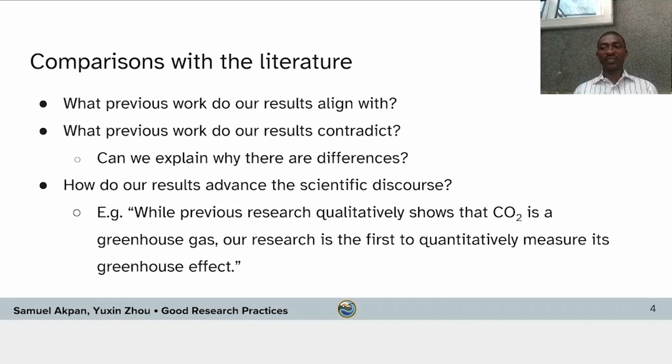For instance, is this the first study using a particular analysis method or measuring a certain quantity? Okay, for the example project, we could say that previous research had shown that carbon dioxide absorbs heat from the radiation, right? And our project is the first to measure how much the temperature increases as a result.